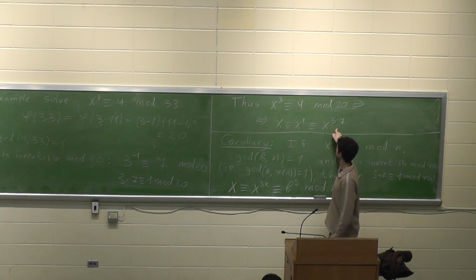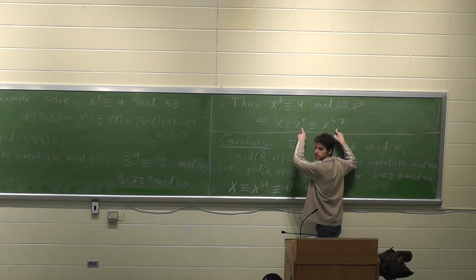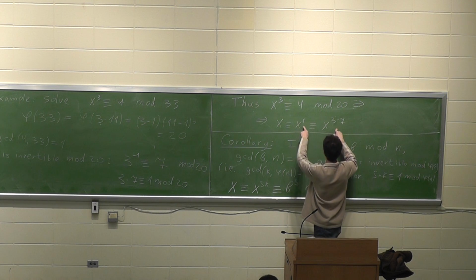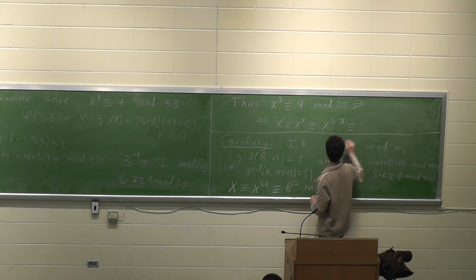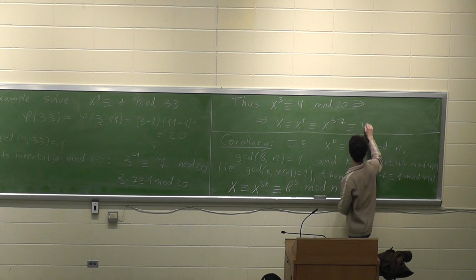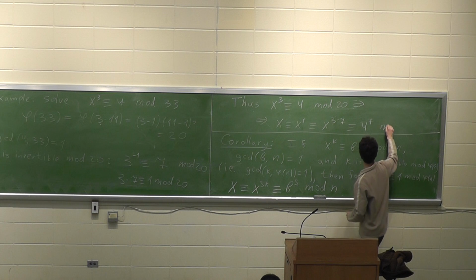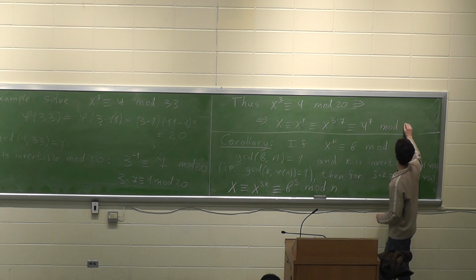Here we are using Euler's theorem. We know that x raised to the power 20 is always equal to 1. So this is the same as 4 to the power 7 modulo 33.